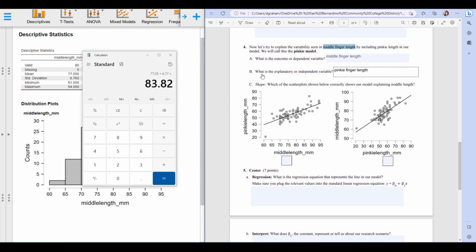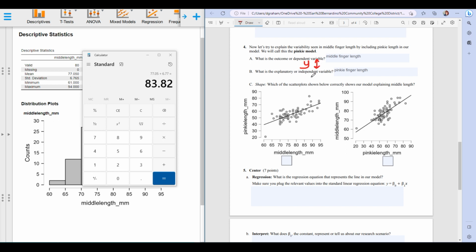Now, you'll recall that we put our dependent variable, when we're trying to explain or predict, on our y-axis, the y-axis being the one that is vertical.